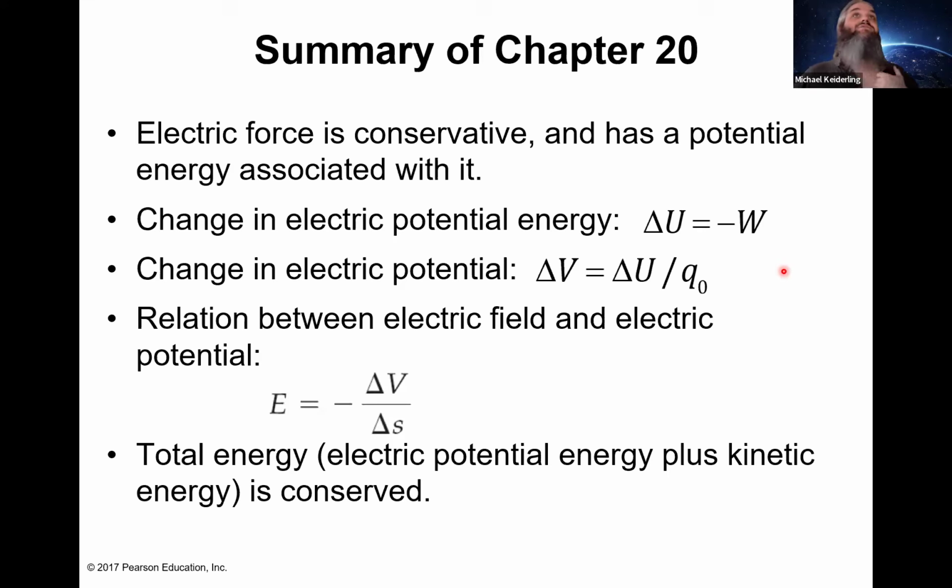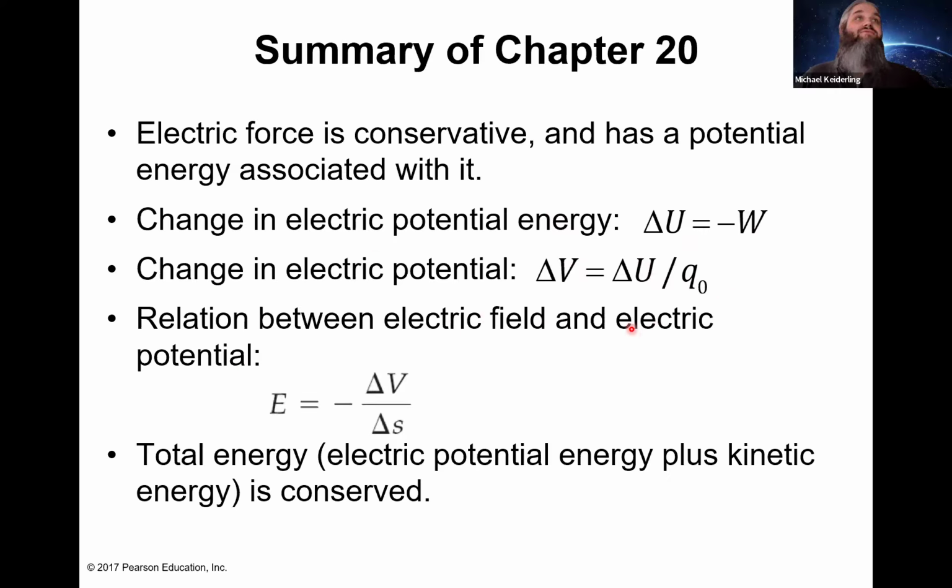So in summary, electric force is conservative and it has a potential energy associated with it. The change in electric potential energy, delta U, is minus the work. The change in electric potential, delta V, is the change in potential energy over the test charge.